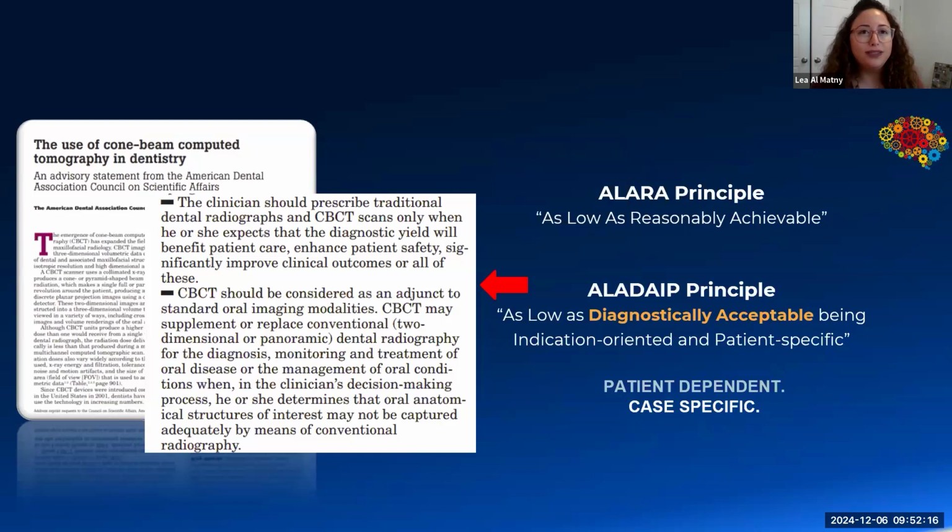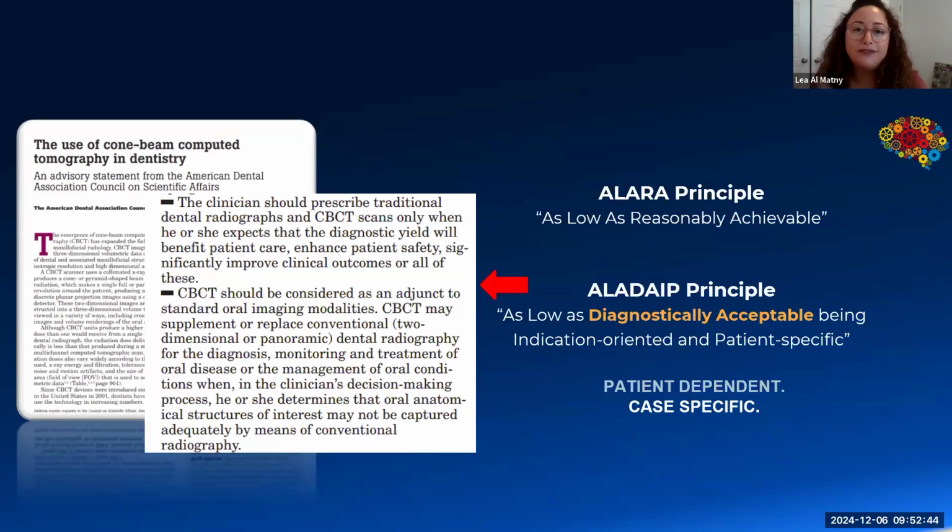So we want to start using radiographs as a whole and think of them as: is this affecting my diagnosis? Is this helping this specific patient? It's not just about using that principle for cone beam, it's about full mouth series, bitewings, periapicals, pano, CBCT.